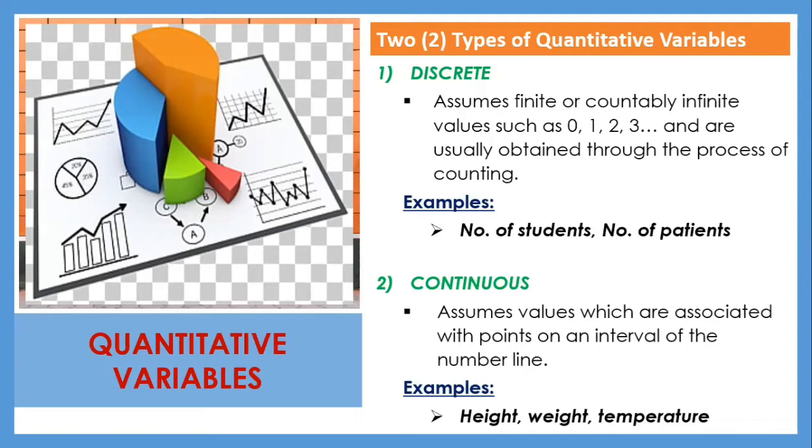Others have 5 feet 1 inch, 5 feet 4 inches. For the weight, you have, let's say, 50.55 kilograms, right? Or 70.8 kilograms. For the temperature as well, okay? So there are points on an interval of the number line, okay?